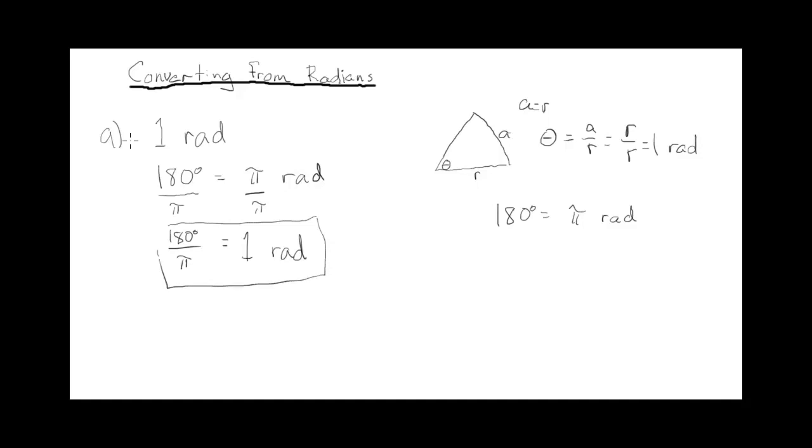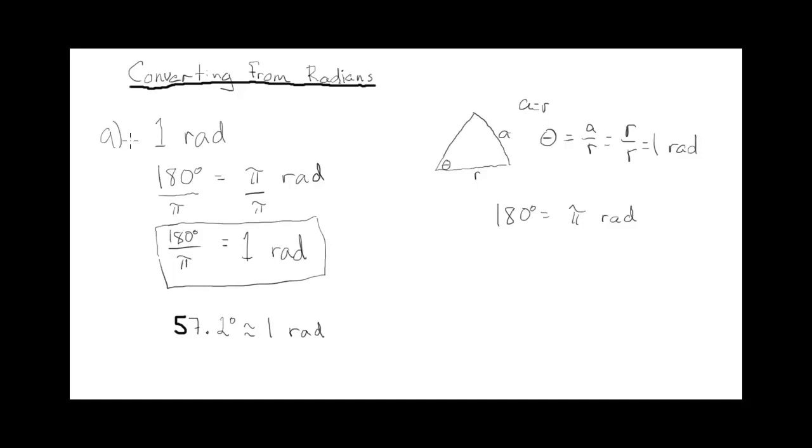Now, 180 degrees divided by pi, you might actually want a number here, which is approximately 57.2 degrees. So about 1 radian. If you remember, in the example when we actually drew this, we said it was about 60 degrees. Usually when I have people try to draw that, they estimate about 60 degrees, or sometimes a little less.